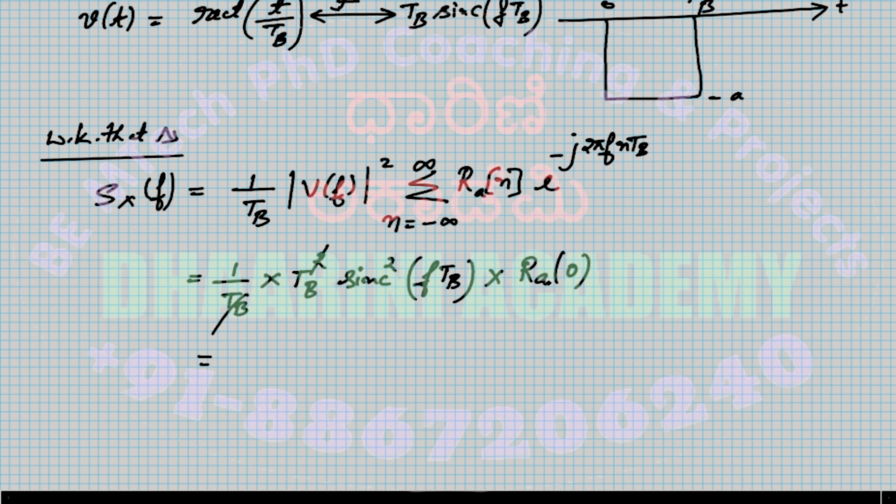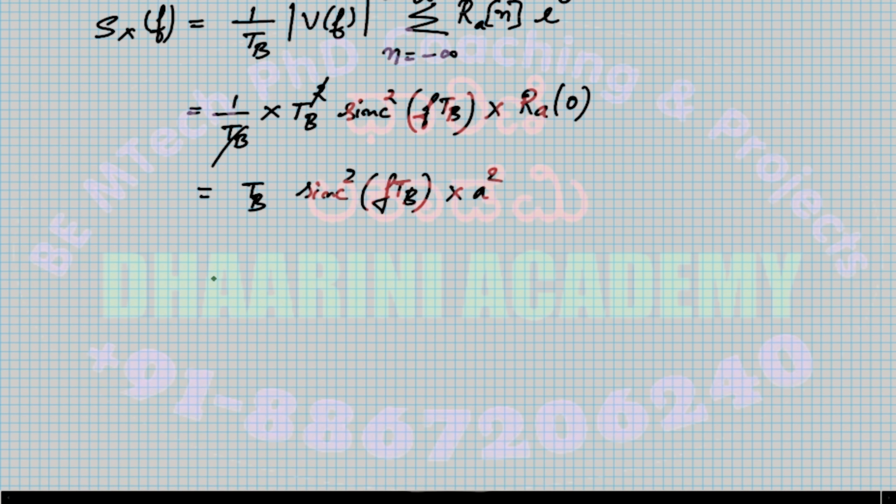Right. So that means I'll cancel one of the TB over here. So this is TB into sinc square of f into TB, into what is this, RA of 0? That is A squared. So this gives us a result very quickly.